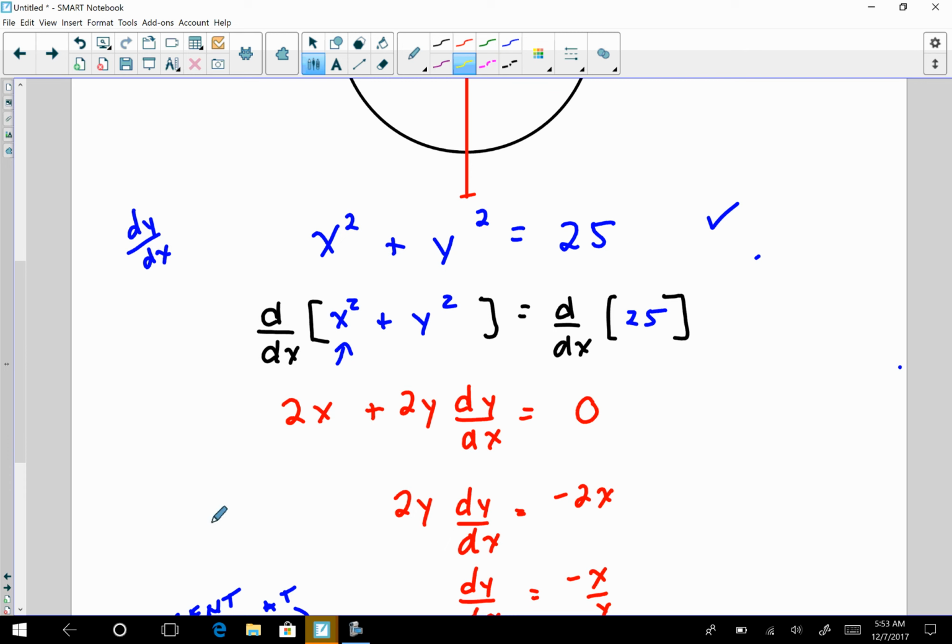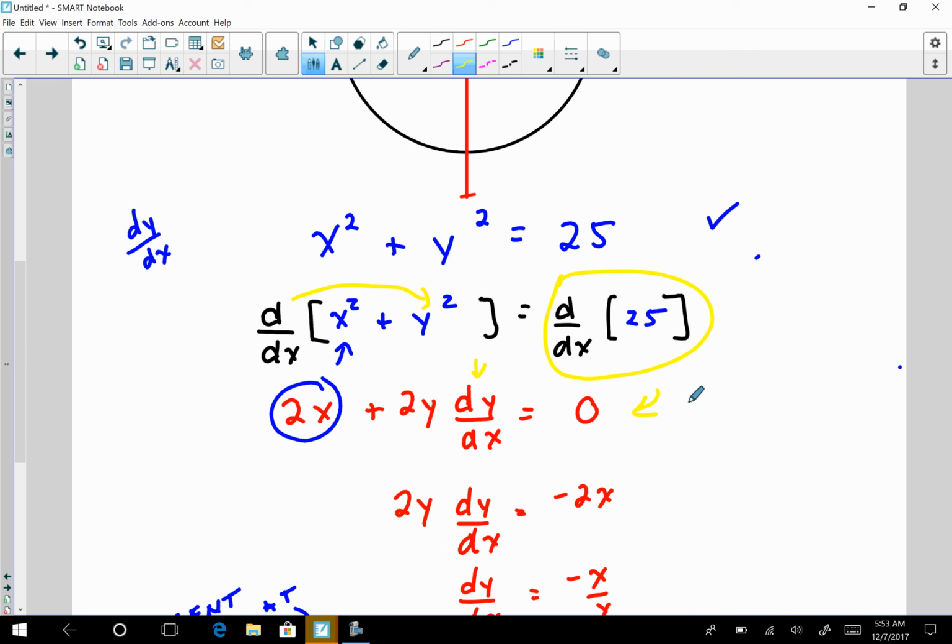We've done that since day 1. That piece is going to be 2x. And now if I'm going to differentiate y squared, that derivative is going to be 2y times dy dx. I have the 2y. Since I'm differentiating a y with respect to x, I need to tag this dy dx on the end of that. And we know the derivative of a constant is 0.